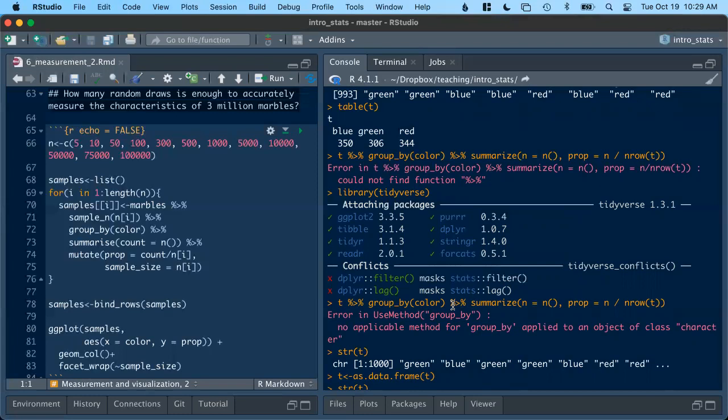What's that? 344. Okay. So we end up with 0.35, 0.30, 0.344. Now to compute error, right, we can difference those off of the truth.